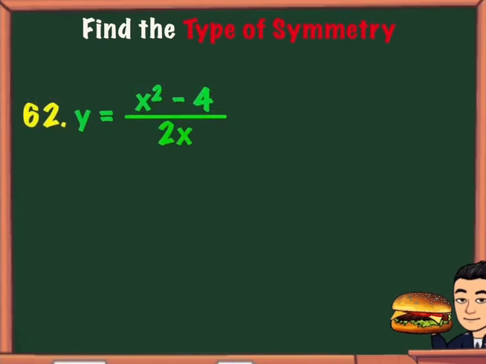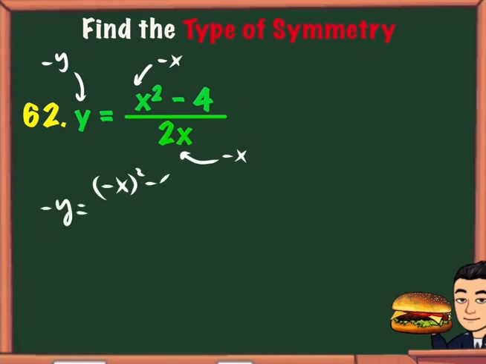For number 62, I'm going to replace y with negative y and x with negative x. So negative y is going to equal the square of negative x minus 4 over 2 times negative x.